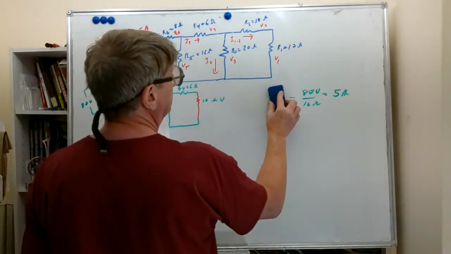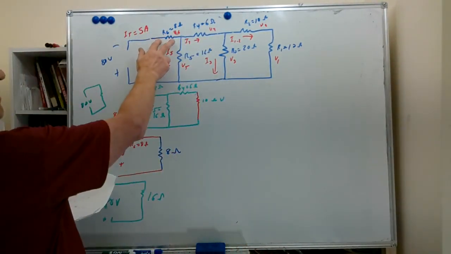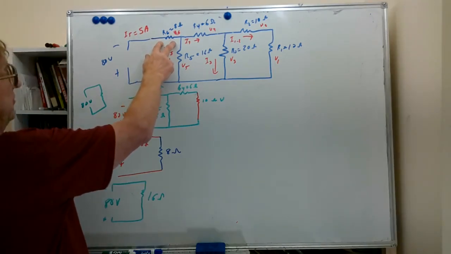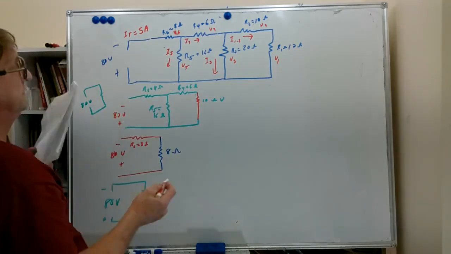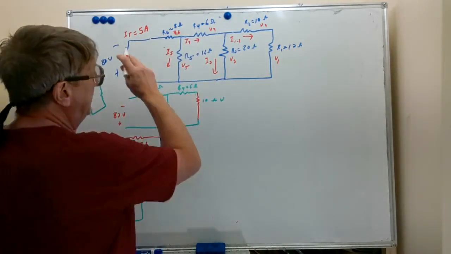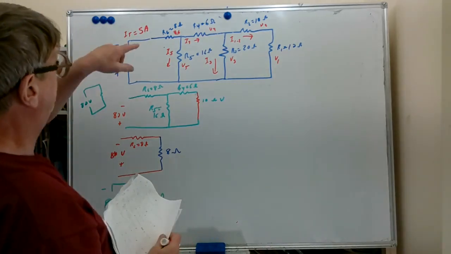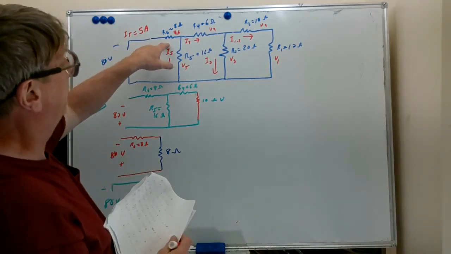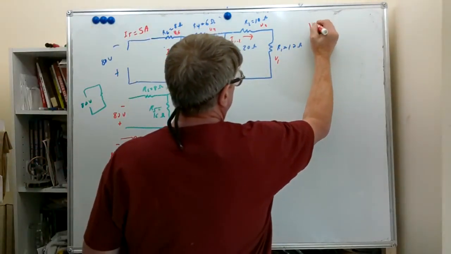Now let's calculate V6. We now know that there are 5 amps through R6. We know the value of R6. So we calculate V6.